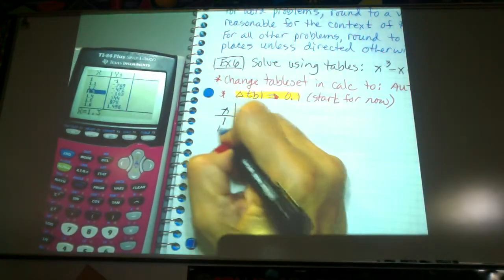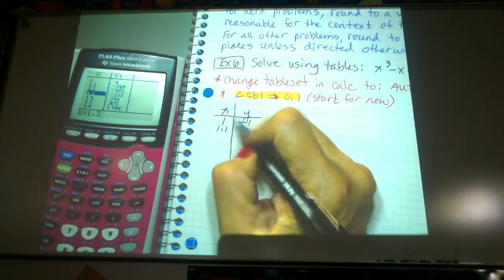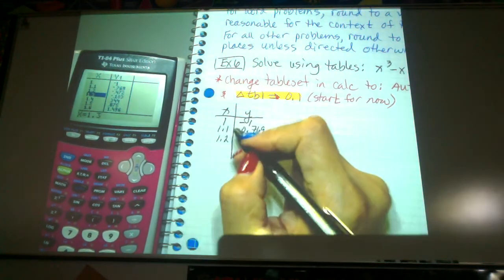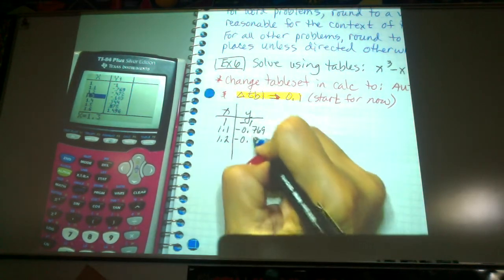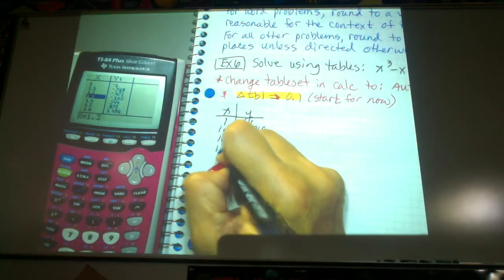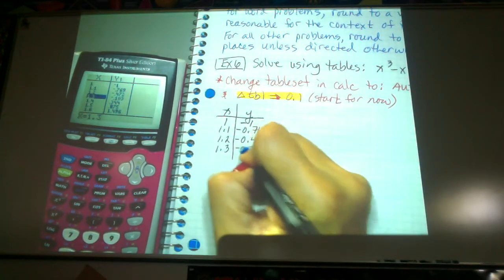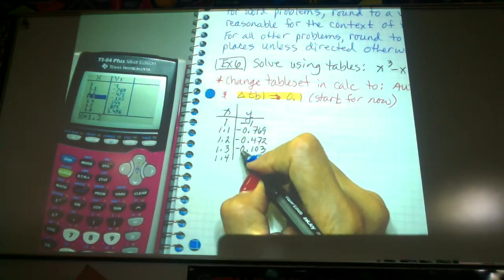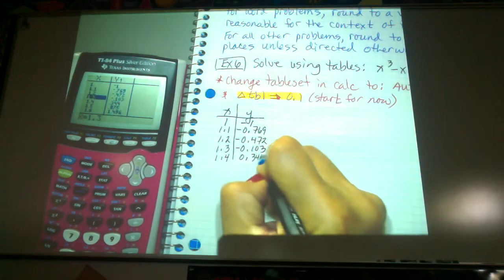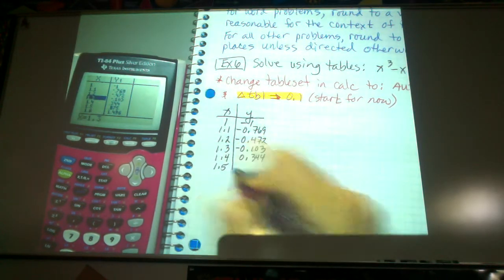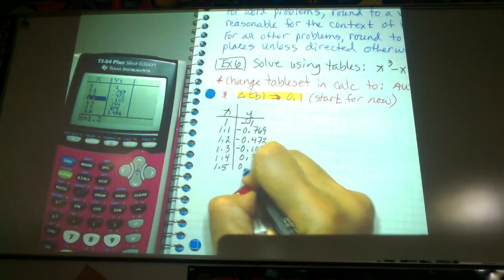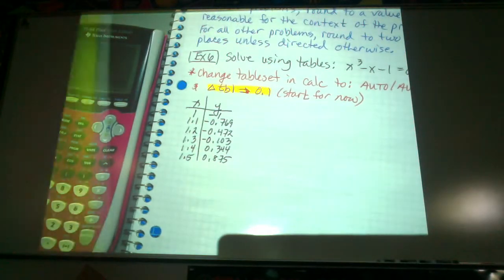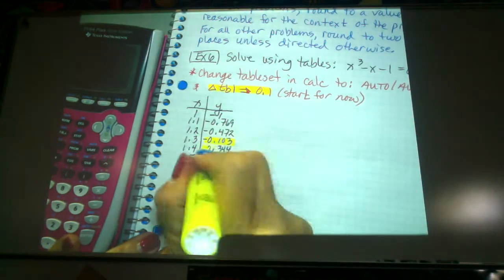At 1.1, I have negative 0.769. At 1.2, I have negative 0.472. At 1.3, I have negative 0.103. 1.4, I have 0.344. And we'll do one more for chuckle's sake. 1.5, I have 0.875.